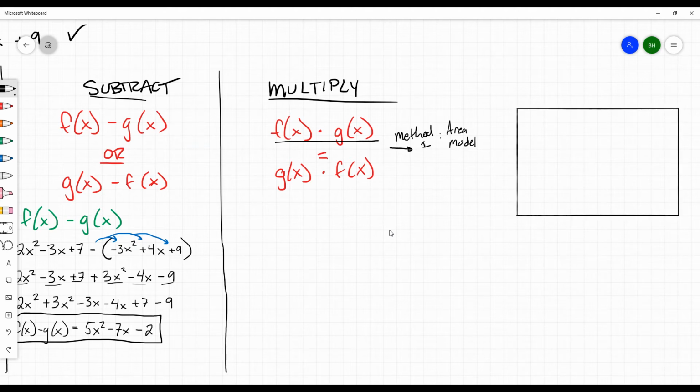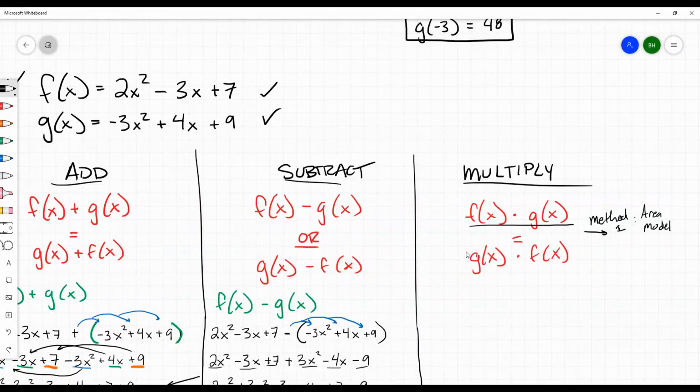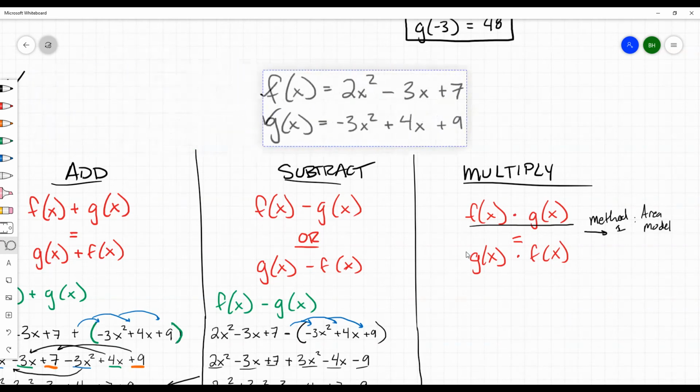So in this case, we'll have a 2x squared. This will represent our f of x. 2x squared minus 3x plus 7. And every term, so in each of these functions here, let me actually take this here and I'll move it over here.